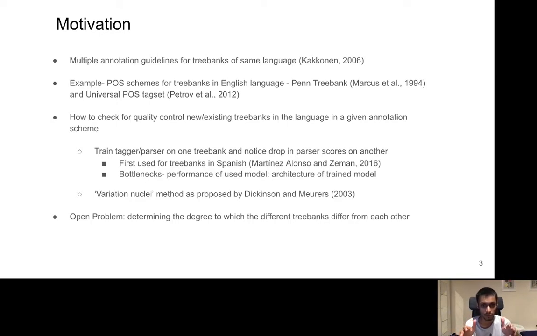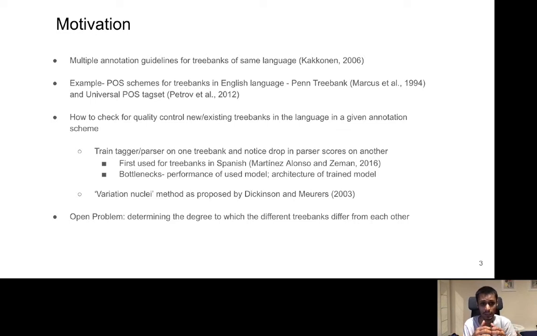Now, there have been some approaches to solve this problem. The first one is training a tagger and parser on one treebank and noticing the drop in parser scores over the other. It was first used for Spanish treebanks by Martinez Alonso and Zeman. However, one of the bottlenecks is the performance of the used model. If the model learns very poorly, then is it a feature of the parser, or is it a drop in the scores?